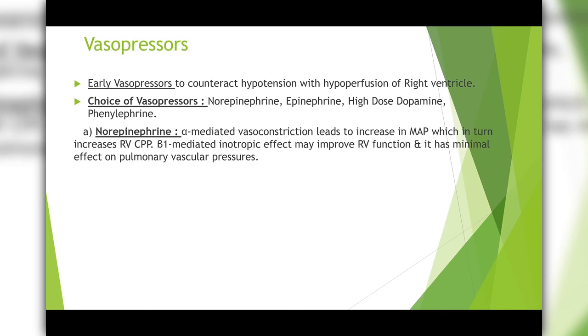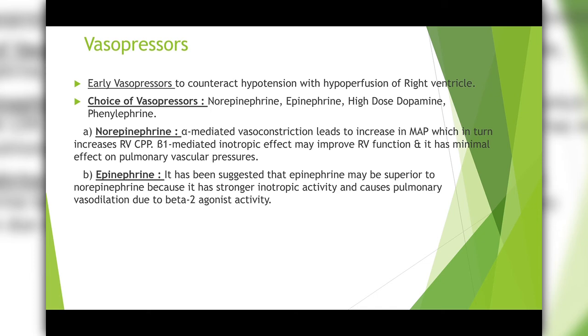Norepinephrine causes alpha-mediated vasoconstriction, leading to an increase in mean arterial pressure, which in turn increases right ventricular coronary perfusion pressure. Beta-1 mediated inotropic effect improves right ventricular function. It has minimal effect on pulmonary vascular pressures.